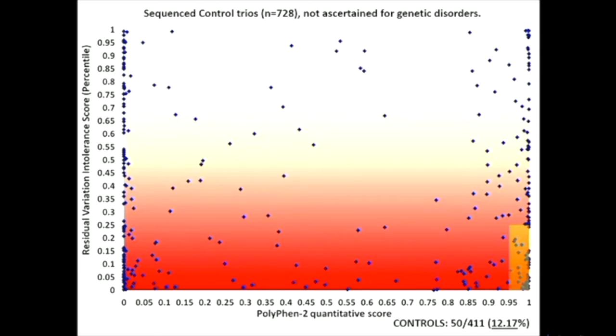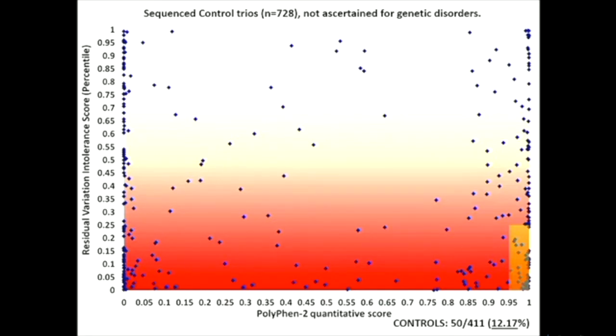You could imagine that the obvious next question is how often does this happen in cases that have been ascertained for specific disorders, or even for a heterogeneous collection of disorders like in our sequencing clinics. We've done this on a number of diseases. I'm just going to show our sequencing clinic results.